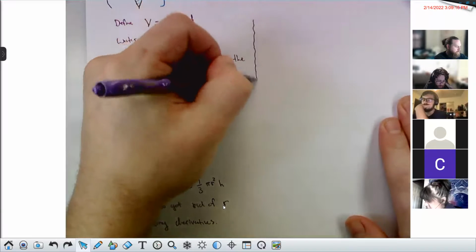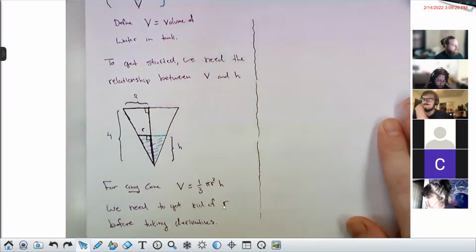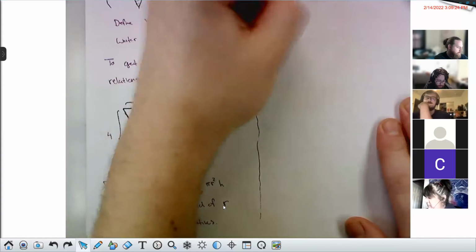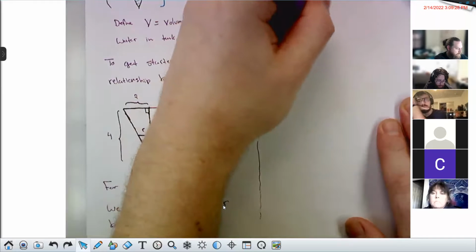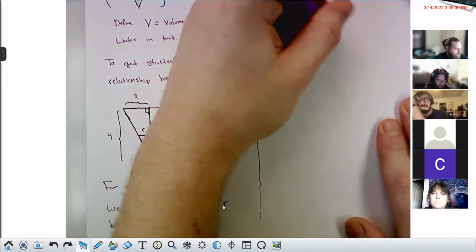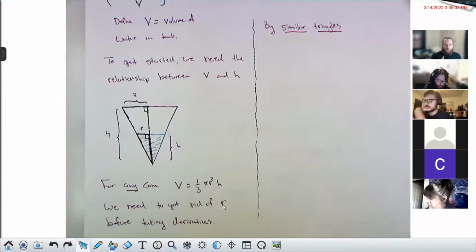So draw a little partition here and say by similar triangles, the ratios of side lengths of the little triangle and the big triangle are the same.